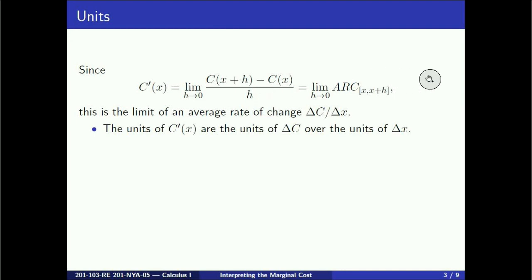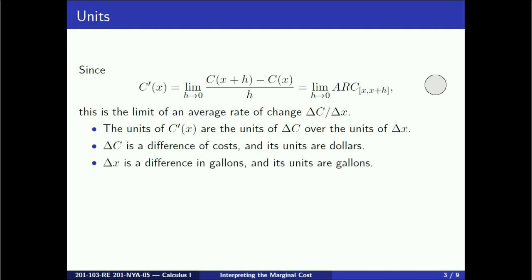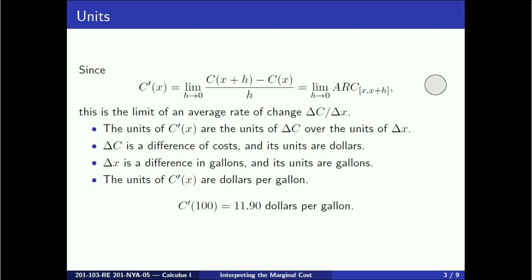Delta C is a difference of costs, and its units are dollars. Delta x is a difference in gallons, and its units are gallons. As a consequence, the units of C prime are dollars per gallon. Therefore, C prime of 100 equals $11.90 per gallon.